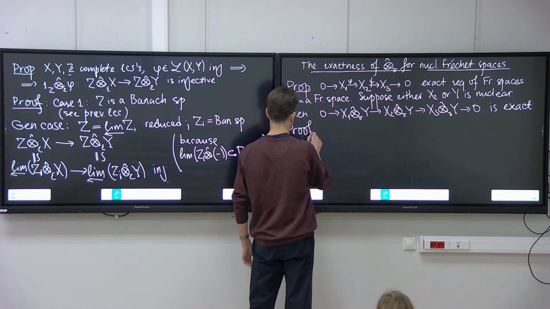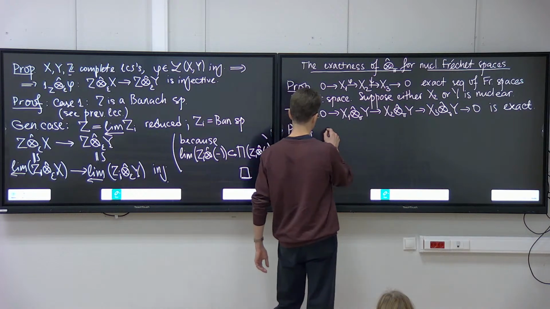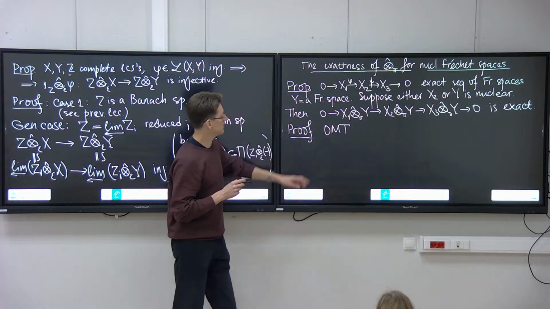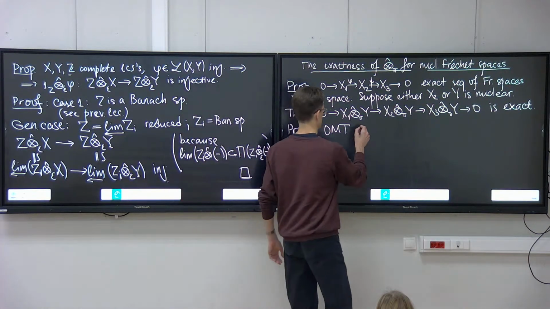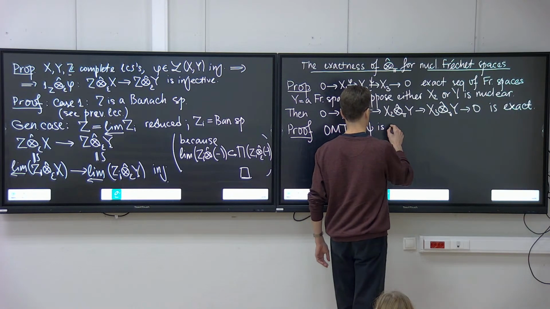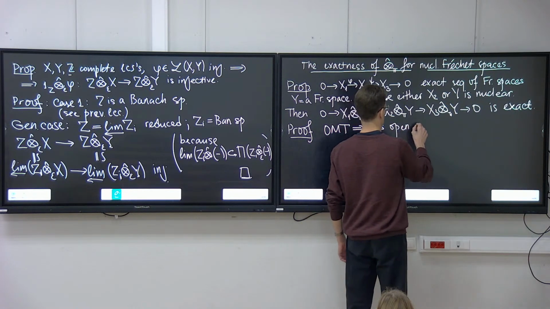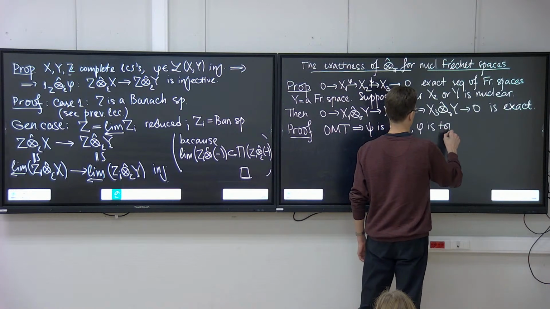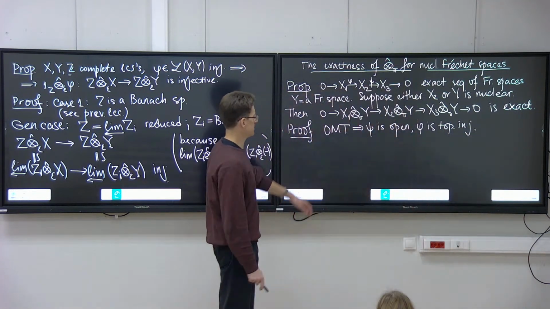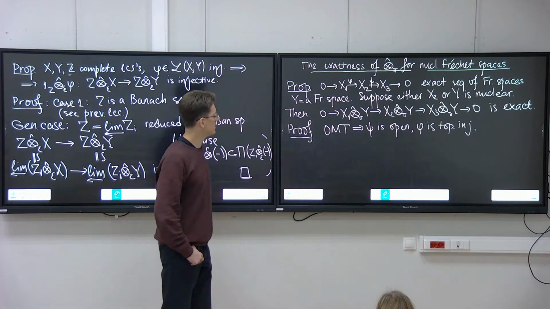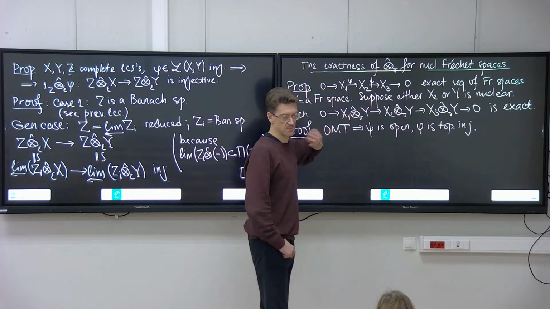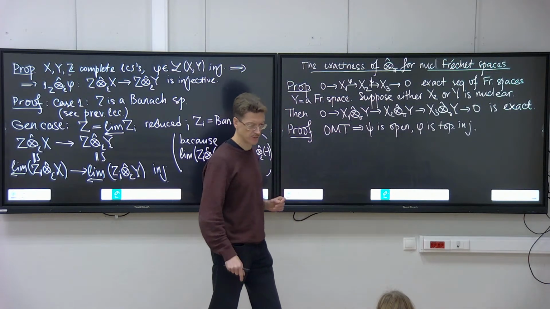To prove this proposition, let's observe, first of all, that the open mapping theorem implies that psi is open and phi is topologically injective. Well, indeed, psi is surjective, so it is open, and phi is an injective map with closed range.